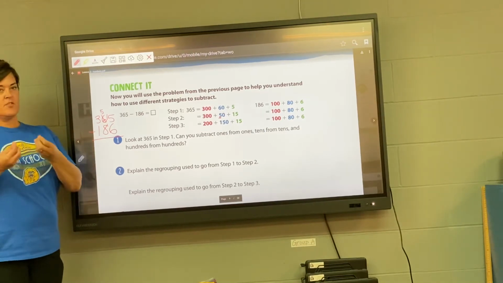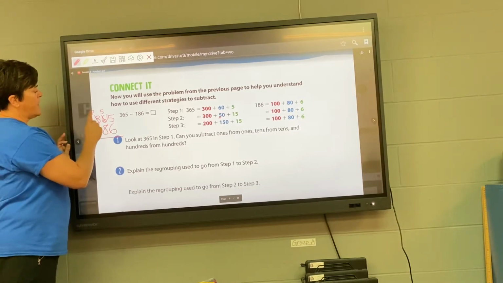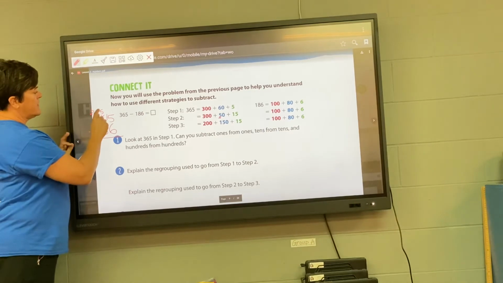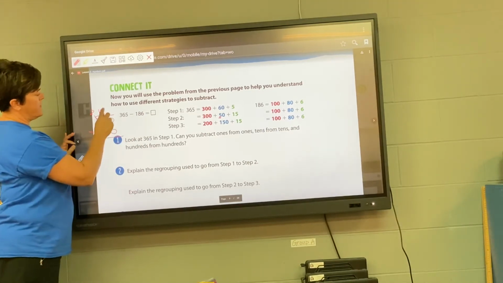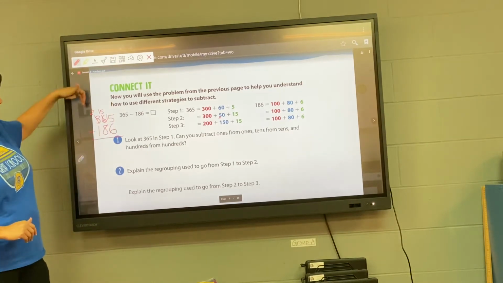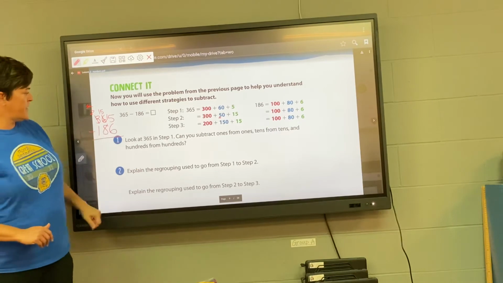Okay, it's just like when we drew it, but they're not done because they had to borrow another one to be able to subtract here. So now there's actually 150 in our tens place, 15 in our ones place, and then 2 back over here in the hundreds. Just what they showed there.